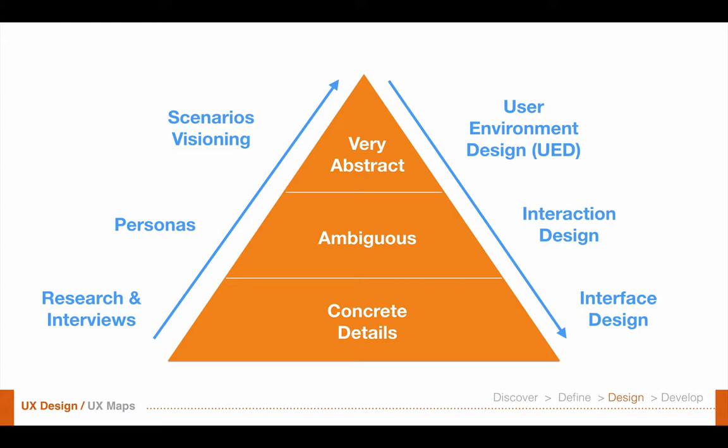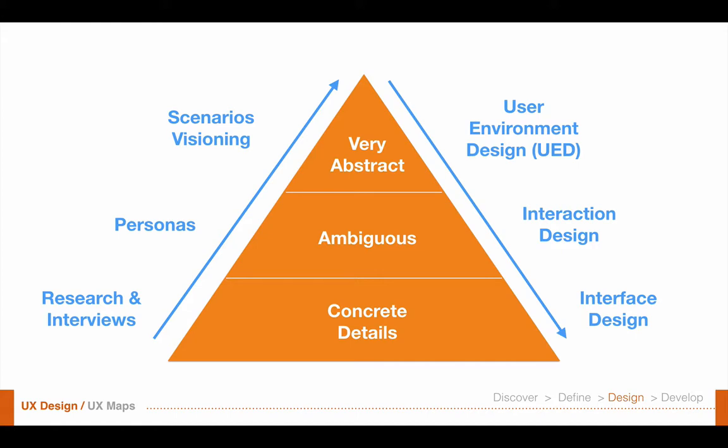From there, we have the user environment design, UED, which we'll refer to very much later in this lecture. This is also a very abstract phase because we have to define an overall picture of how the user connects with the context or the environment.